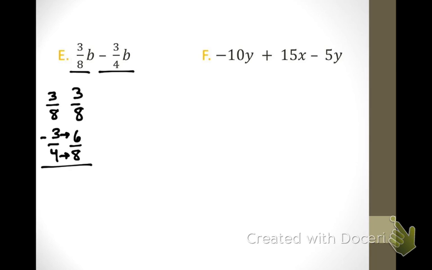Now, this is a positive, this is a negative, because I'm subtracting. Is that the same sign or different sign? Different sign, subtract and take. So what's 6/8 minus 3/8? 3/8, and then take the sign of the larger number, which was negative.